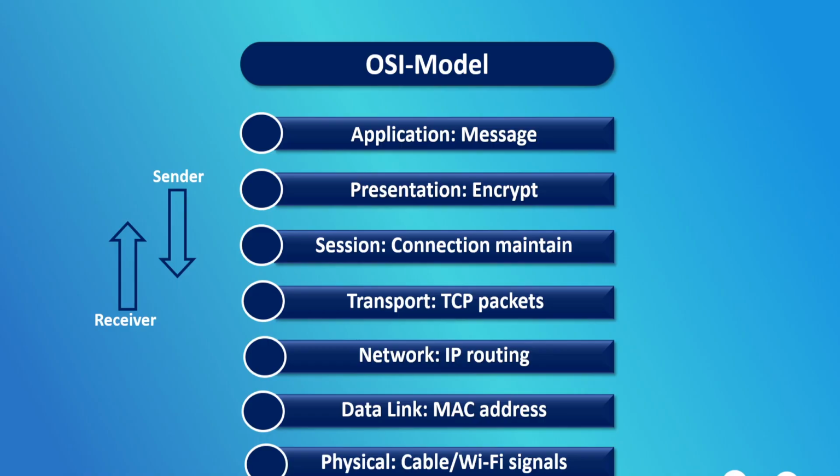On my screen there is an OSI model, right? You may think, why am I teaching the OSI model? Why have I taught you the operating system? This video belongs to Docker, so why are we learning these topics? Because after this we are going to learn Docker networking.